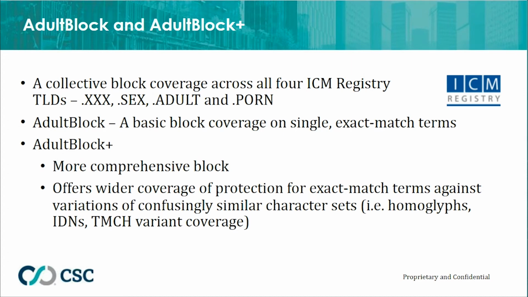Within the AdultBlock, you have coverage of just the exact match to your Trademark Clearinghouse registration string, whereas the AdultBlock Plus provides more comprehensive coverage. It covers homoglyphs and IDN variations of the mark, but also includes all of the labels within your SMD file within the Trademark Clearinghouse. So just a little bit more coverage for that extra plus within the block.